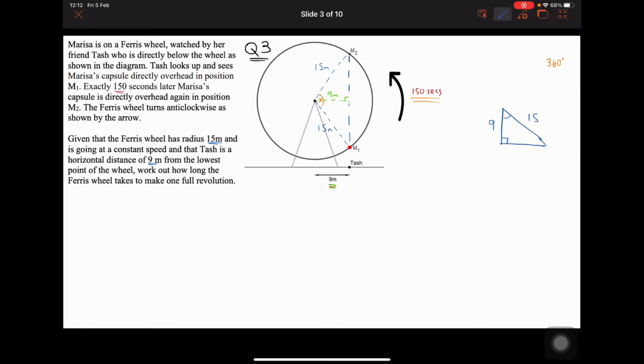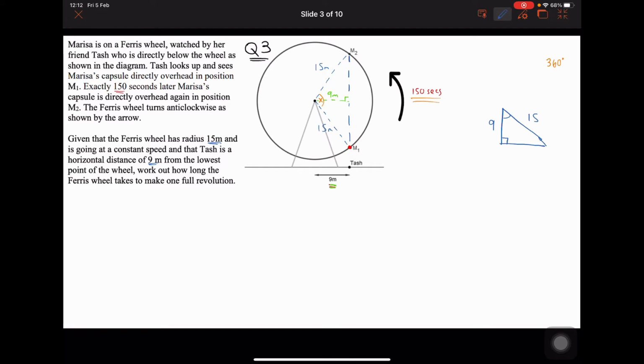I was just seeing, can I use cosine rule? No. Not enough information. So yeah, I have to split them into two right angle triangles.